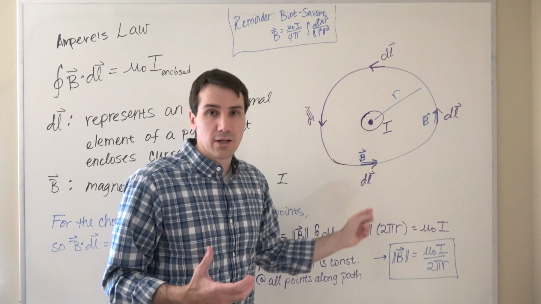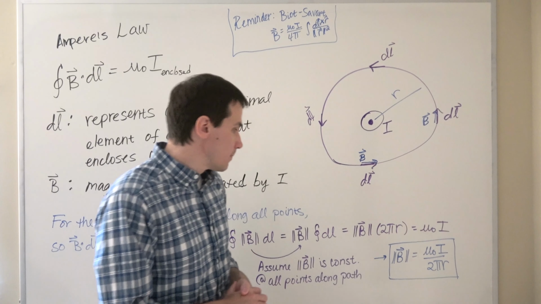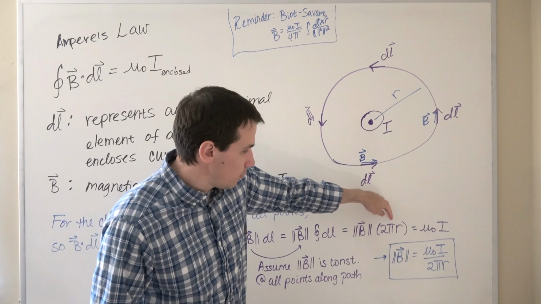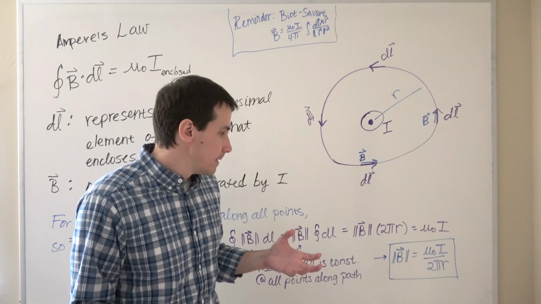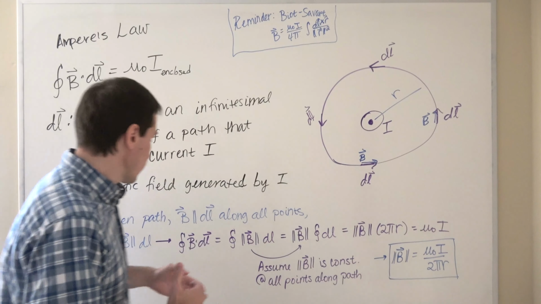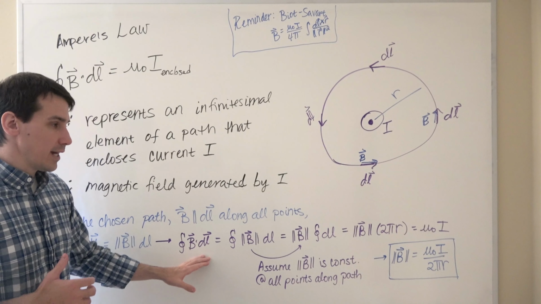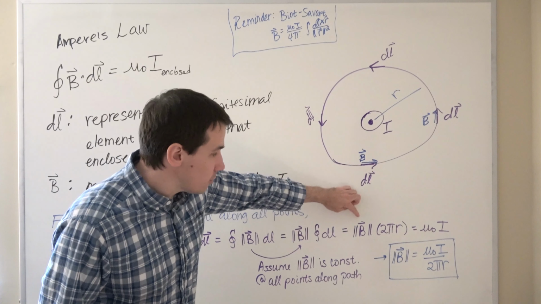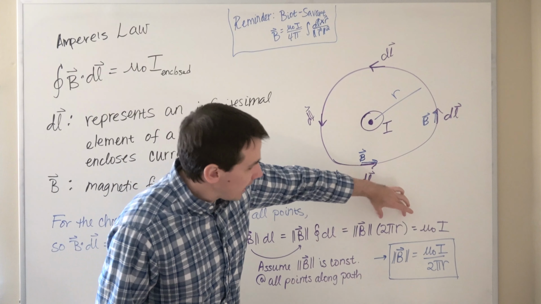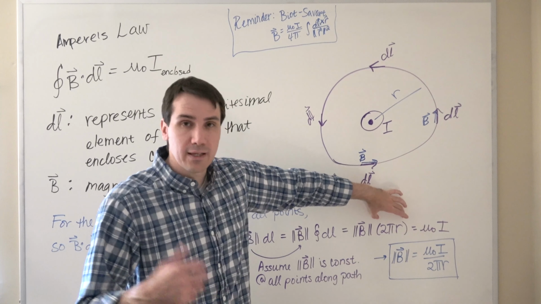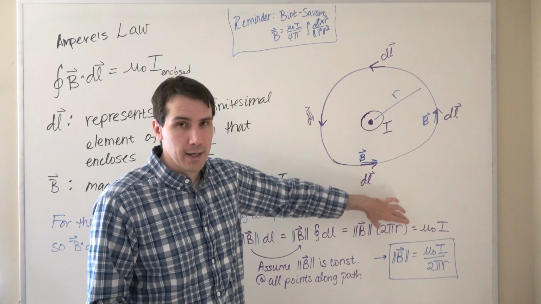I'm just integrating around the full length of my loop. Well, what's that? It's just 2 pi times r. It is the circumference of my loop. So my integral around the closed loop of B dot dl has suddenly become the magnitude of my magnetic field, the thing that I'm interested in in the end, multiplied by the length of the loop, 2 pi times r.